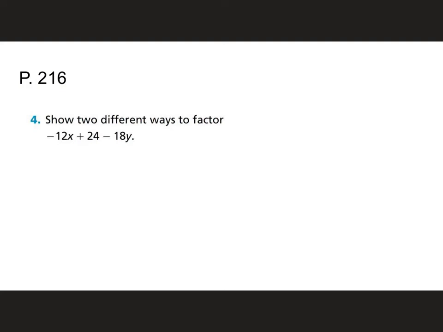Then let's just try number 4, and find the greatest common factor of these terms. So I'm going to set up my little thing here. I have negative 12x, and then positive 24, and then plus negative 18y. I think about a number that goes into 12, 24, and 18. I think of 2, so I'm going to divide all of these by 2.